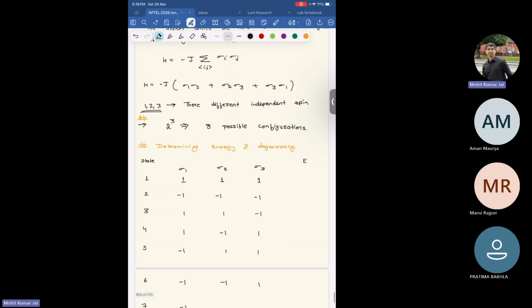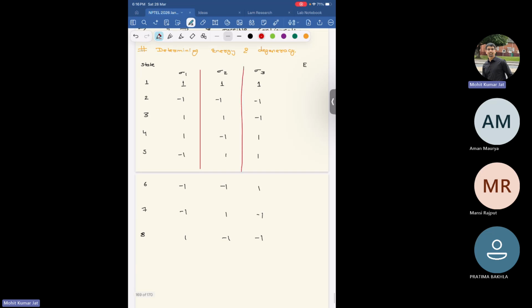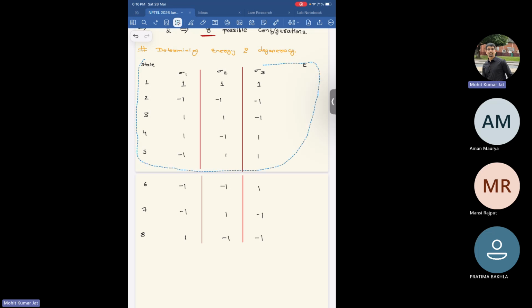So the total possible configurations are 8, and I have written all the 8 configurations here. So let me make it slightly shorter because I'll need it for the energy computation.